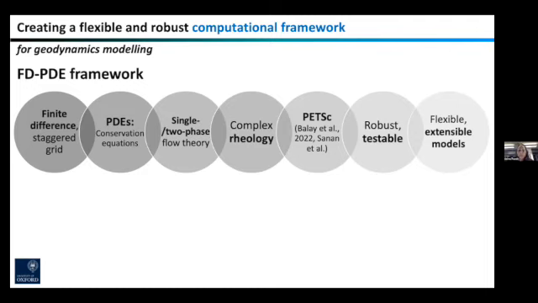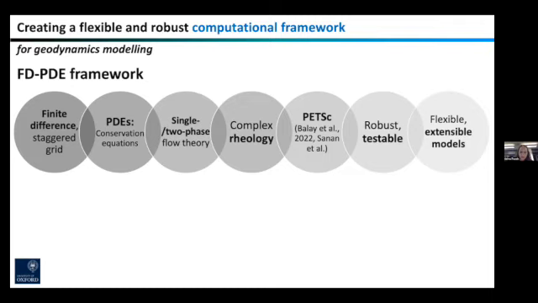It is essentially an overlay built on PETSc, which makes use of a new object for staggered grids called the DMStag. And the framework is robust and testable. We've developed many tests to check our PDEs. And importantly, it is flexible and extensible.